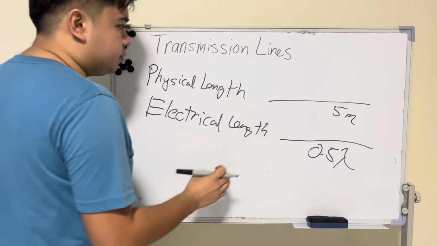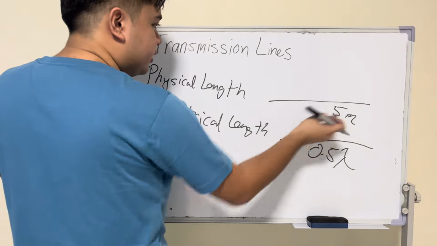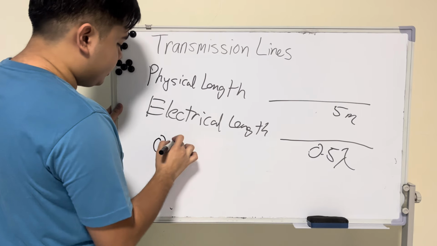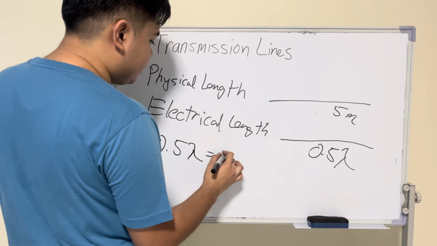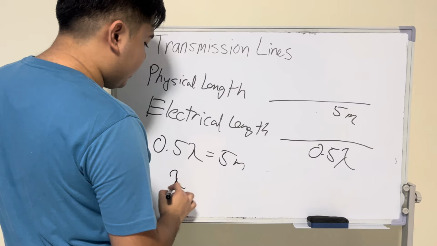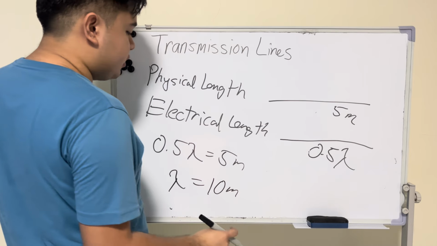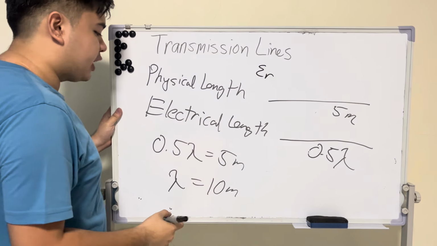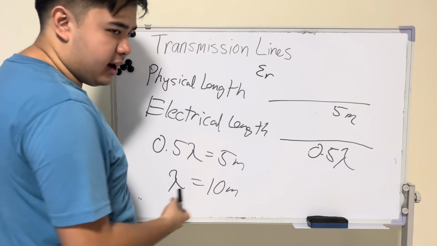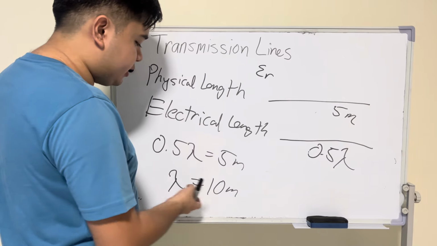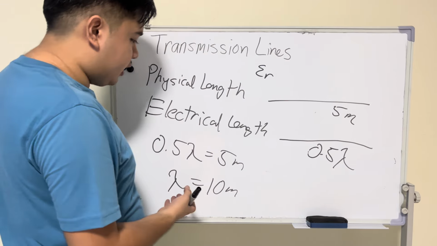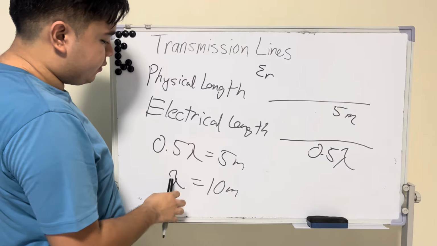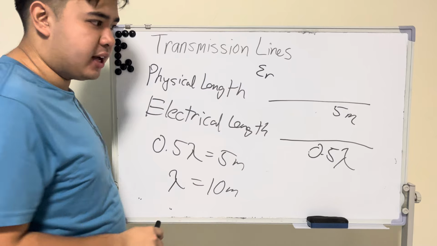So, if 0.5 lambdas is given to be 5 meters, then we know that lambda is 10 meters. Now from here, if we have the ER, we can get the frequency of the light going through that line.